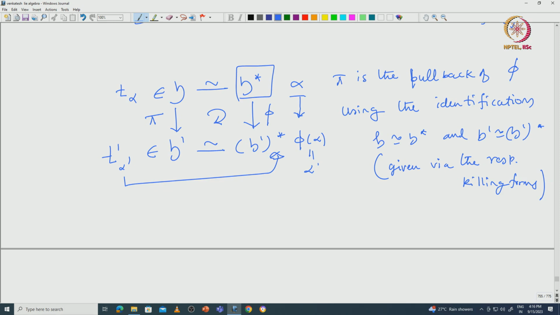Okay. So, that is the correspondence. So, if alpha is mapped to pi of alpha here, then the respective T alpha should be mapped to T dash pi of alpha, which corresponds to pi of alpha here inside H dash star.